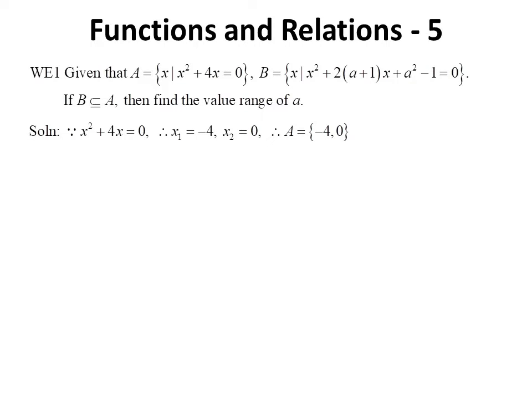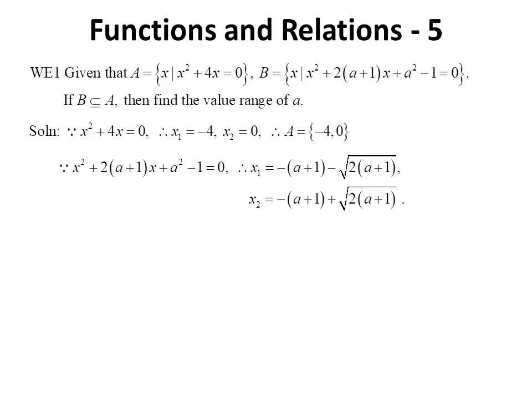After solving the quadratic equation in set A, we find set A contains -4 and 0, 2 elements. However, in set B, the quadratic equation contains parameter a. After solving the equation using the quadratic formula method, set B has 2 elements of x sub 1 and x sub 2, where a is a parameter.